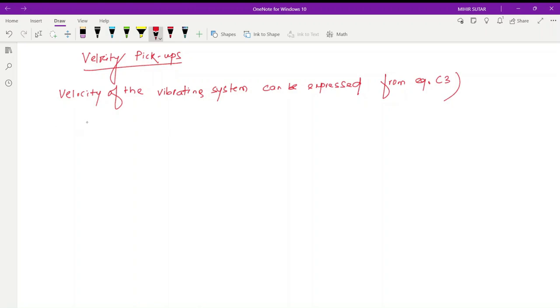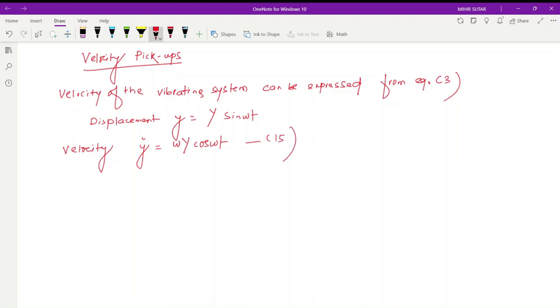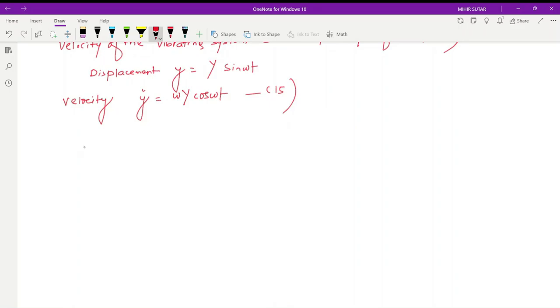Displacement small y is equal to capital Y sine omega t, or we can say velocity y dot will be omega Y cos omega t. Let's say this is equation 15 for this velocity pickup.